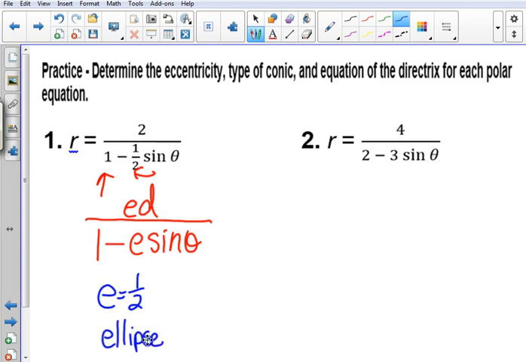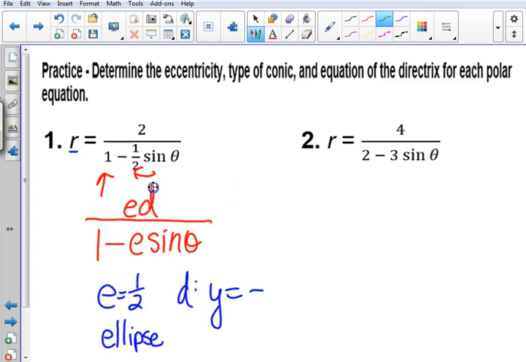Then the third question is going to ask for the equation of the directrix, which doesn't feel like an ellipse should have, but the equation of the directrix is x equals or y equals, because it's sine, it's y equals, positive or negative, that comes from here as well, minus, and then we have to figure out what D is.